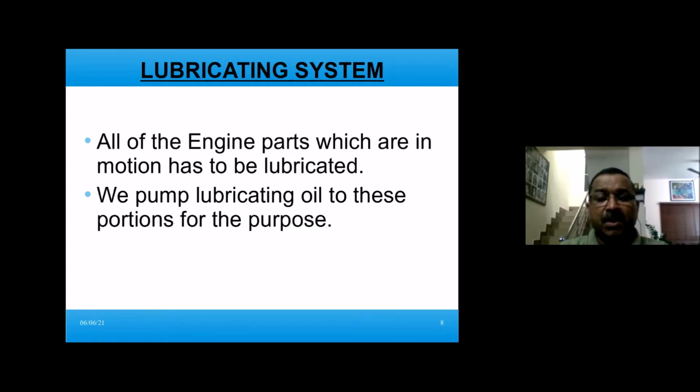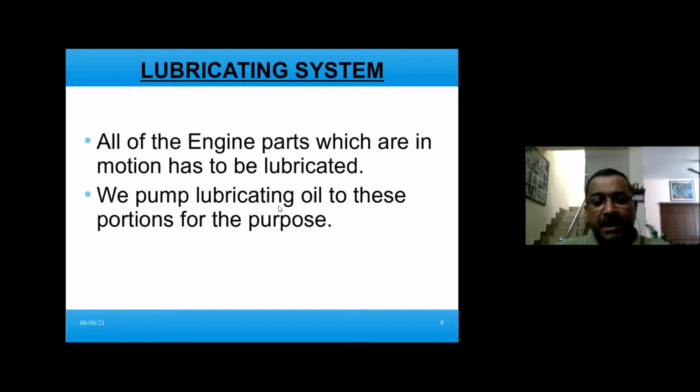Each of these moving parts has to be lubricated for better operation. So in order to lubricate this, we will pump lubricating oil to these portions.